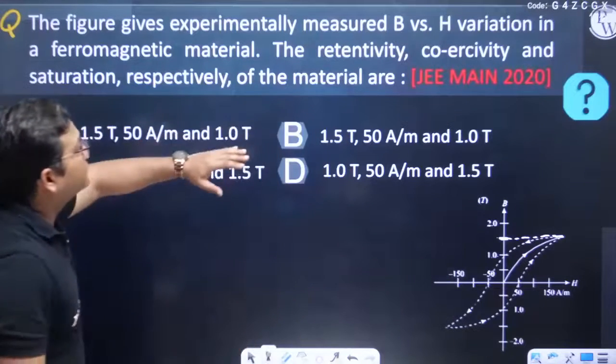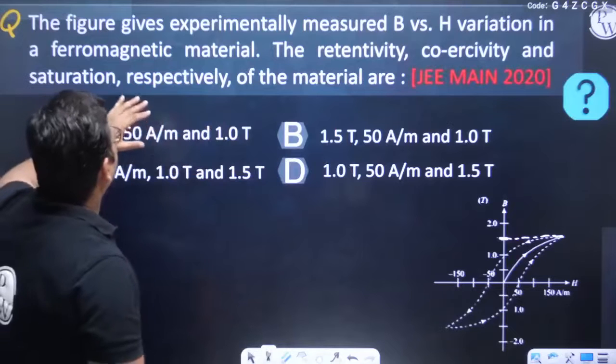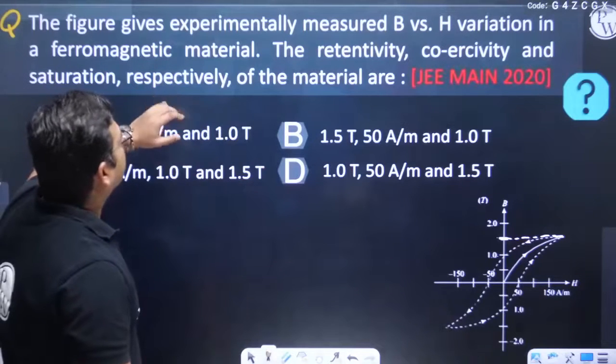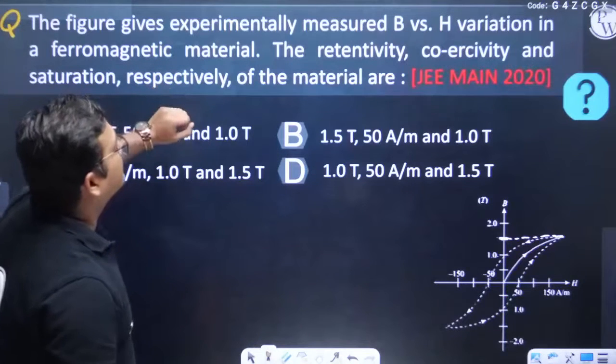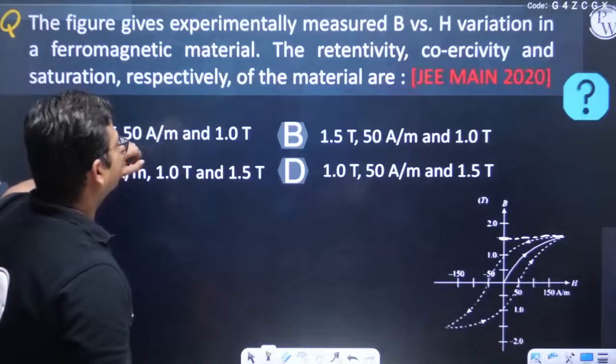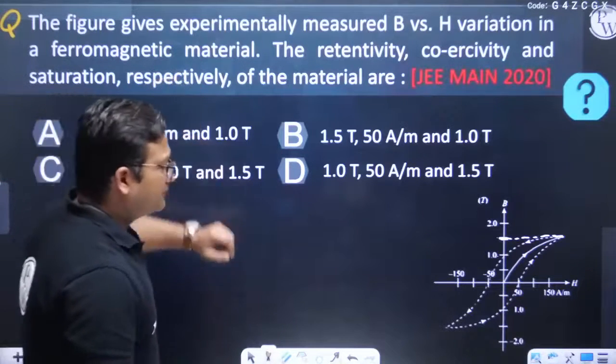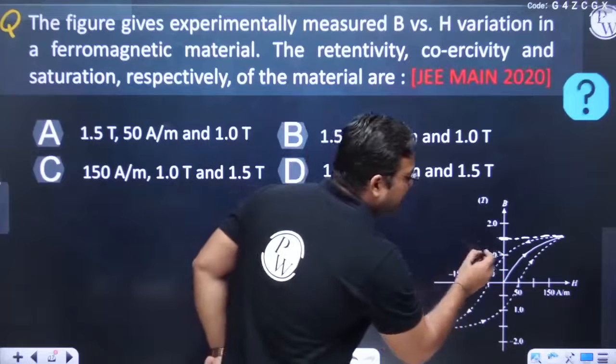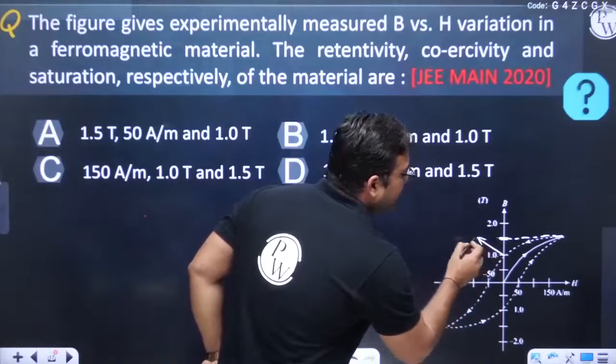If we talk about the retentivity, this point is called retentivity, and retentivity is actually 1 Tesla.